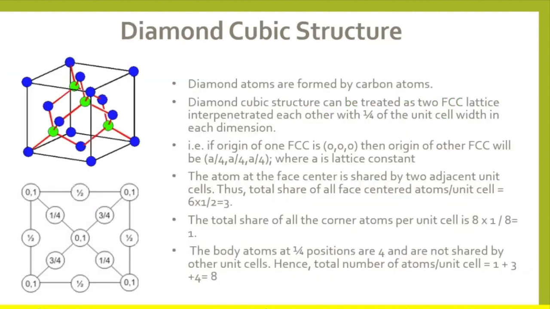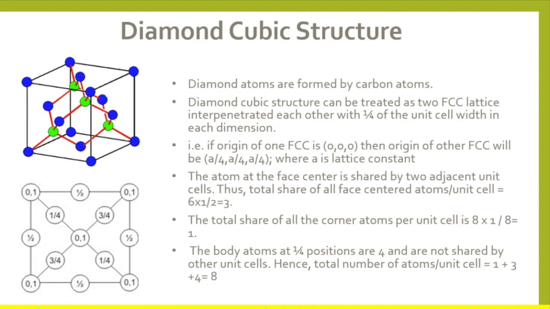Another important structure is the diamond cubic structure. This diamond cubic structure is formed by the carbon atoms, and it can be treated as two FCC lattices which are interpenetrated into each other at a distance of a quarter of the lattice constant along the body diagonal.